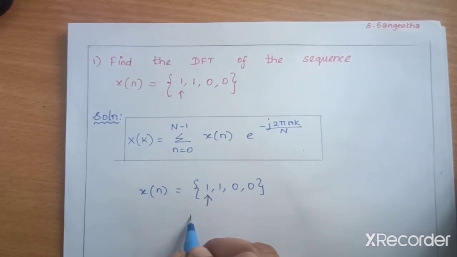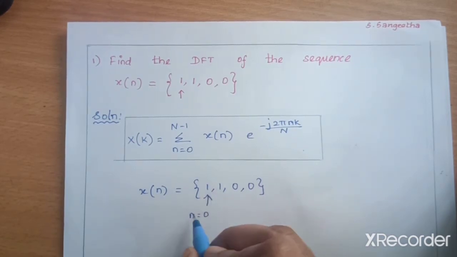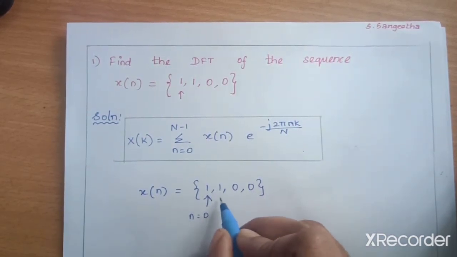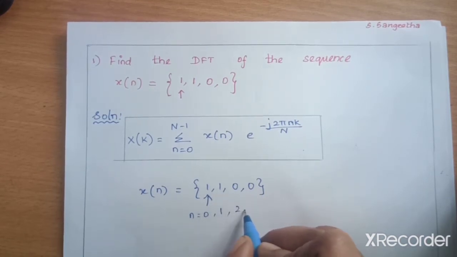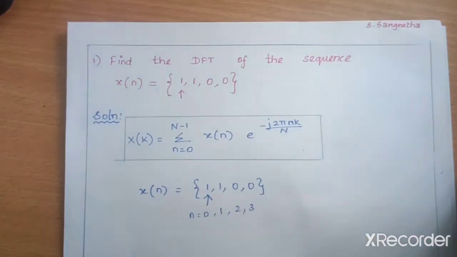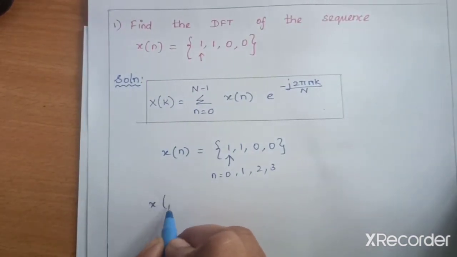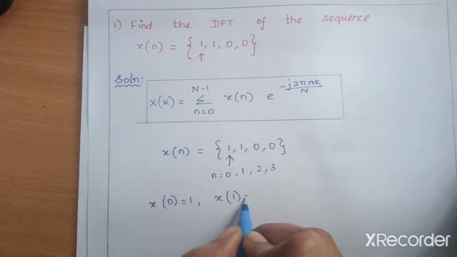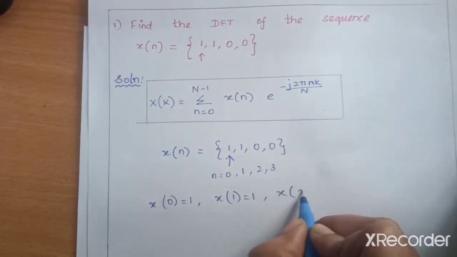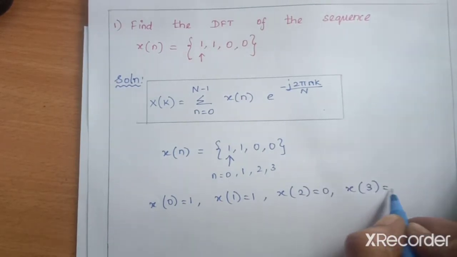This place represents n of 0. So x of 0 is 1 and x of 1 is 1 and x of 2 is 0 and x of 3 is 0. We can note it as x of 0 is equal to 1, x of 1 is equal to 1, x of 2 is equal to 0 and x of 3 is equal to 0.